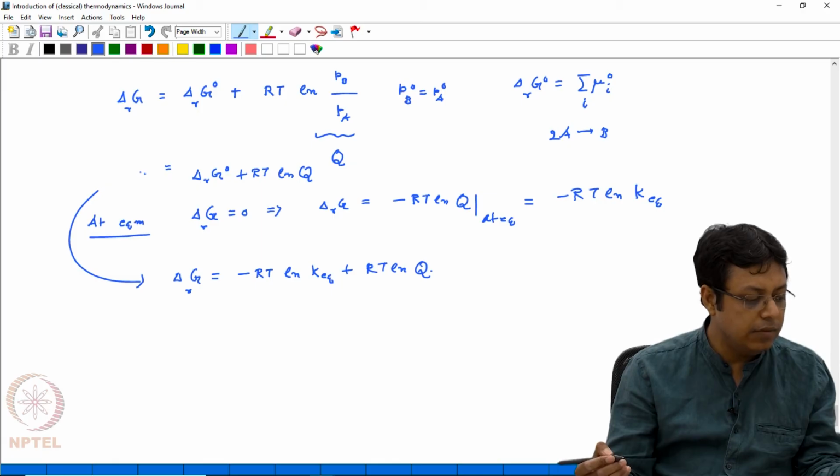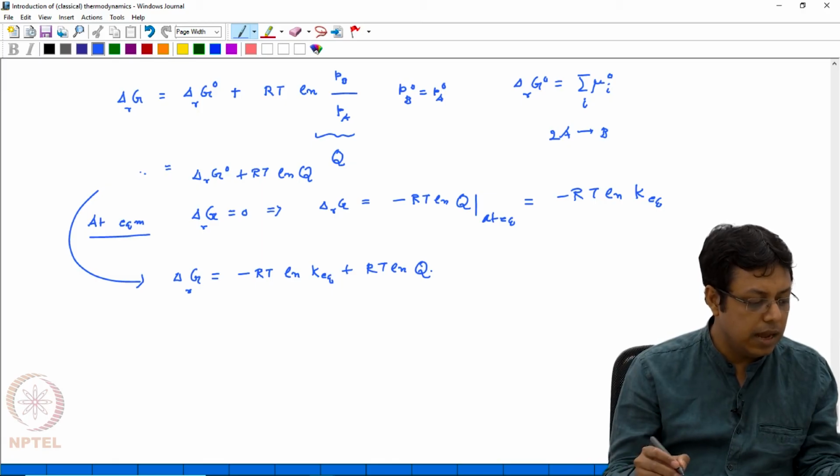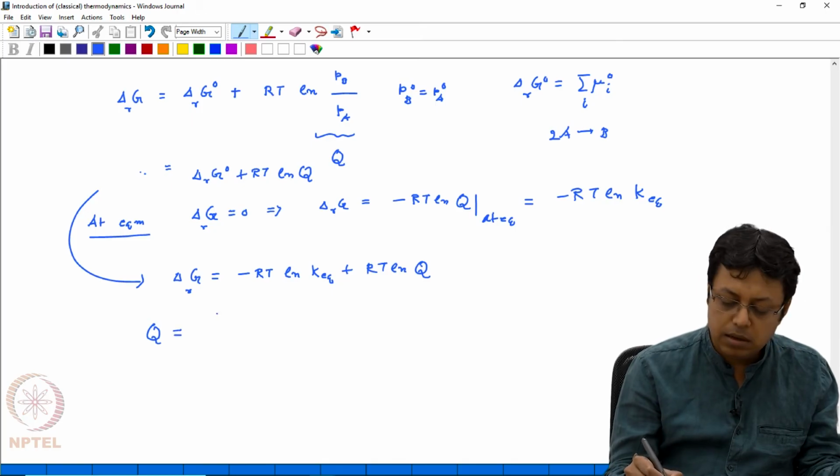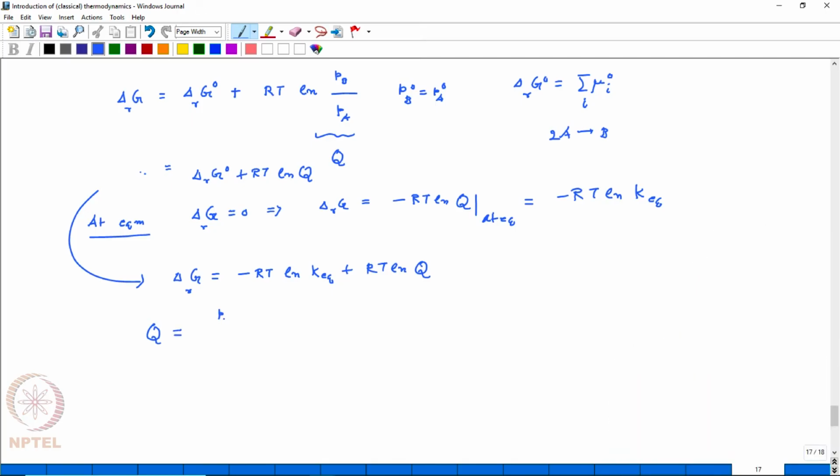So then eventually one can show that this quotient will be nothing but the pressure of the, let's say the way we started it, A plus B is going to C plus D with the stoichiometric coefficients as nu A, nu B, nu C and nu D. Then in the numerator we will always have the products.